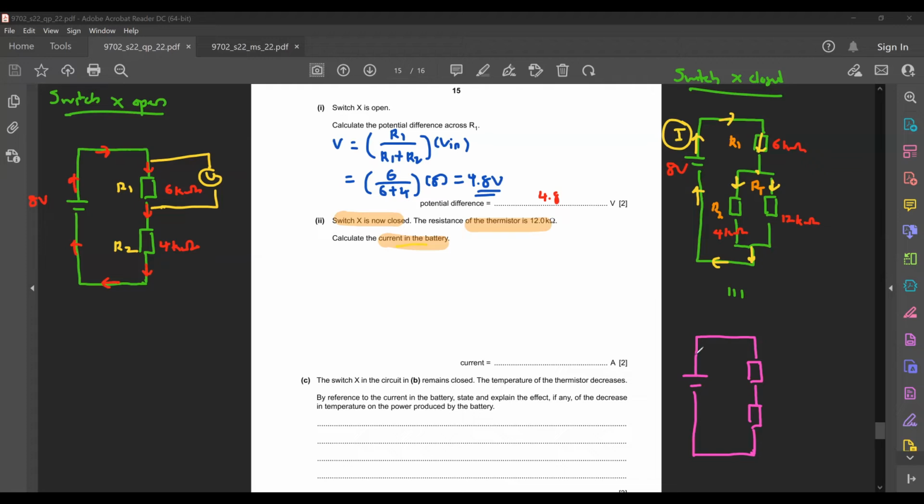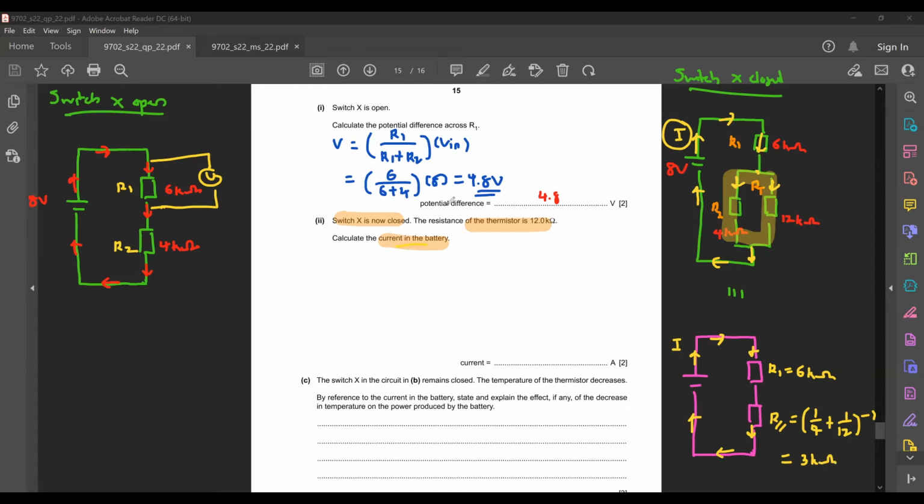So let me just draw this. This one is R1 at 6 kilo ohms. This one is the resistance in parallel, which is 1 over 4 plus 1 over 12, power negative 1. It's going to be 3 kilo ohms.